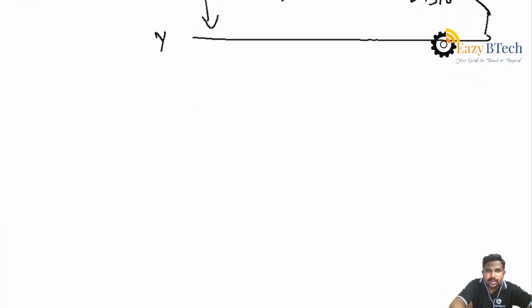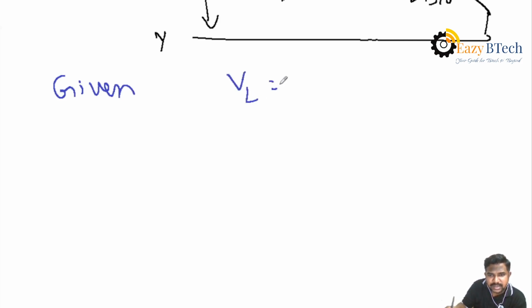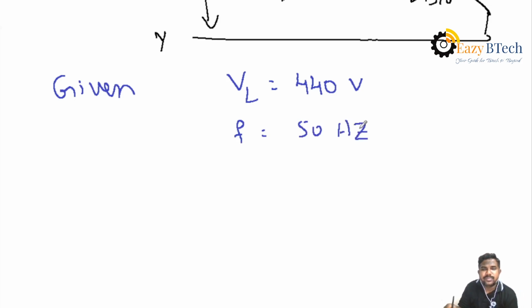First of all, you have to write down the given values in the problem. By default, the voltage supply given in the problem is the line voltage. That is, the line voltage given is 440 volts and the given frequency value is 50 hertz.